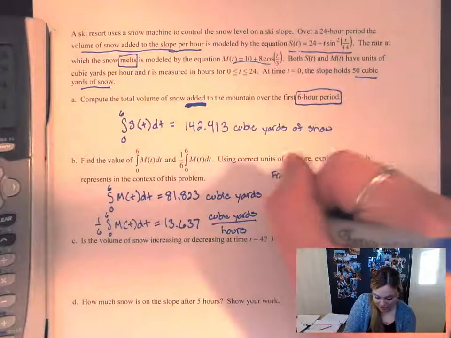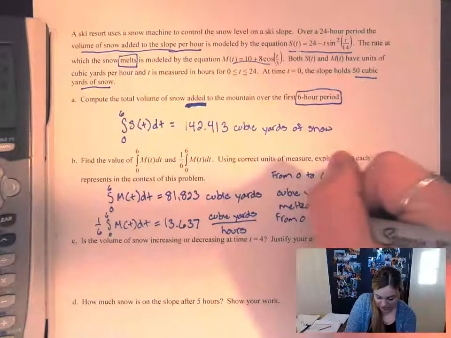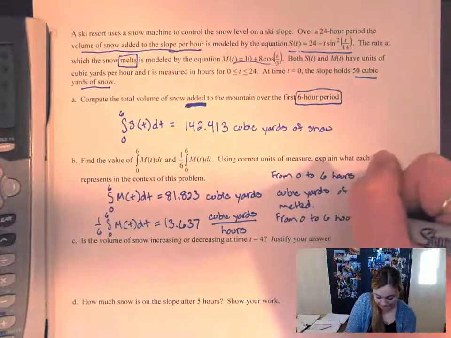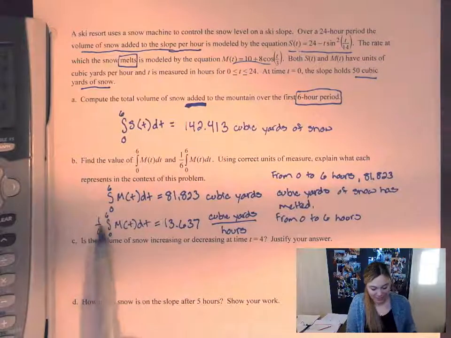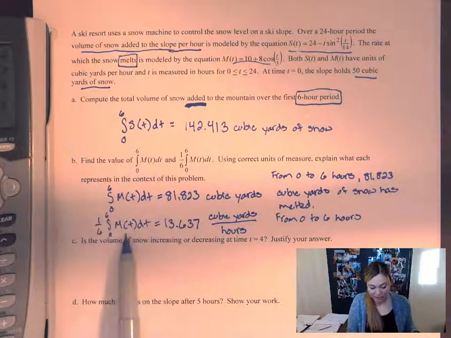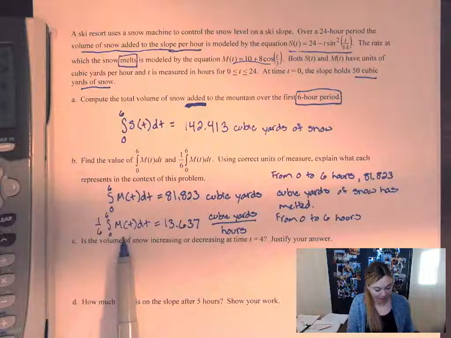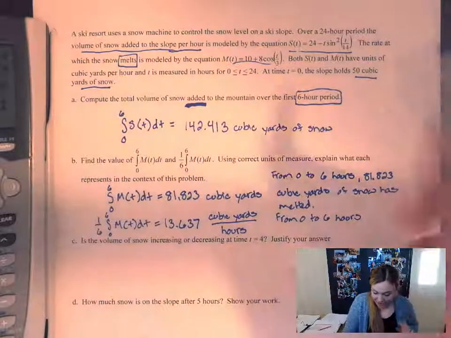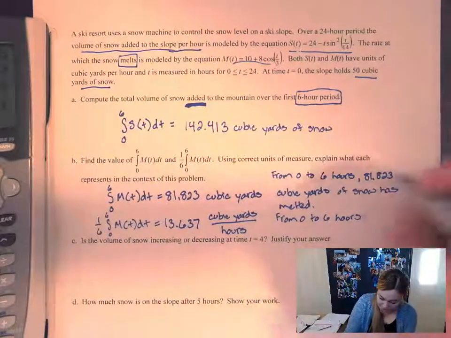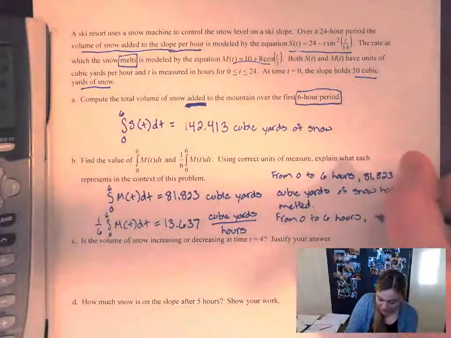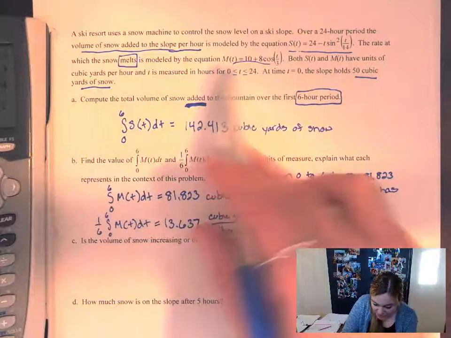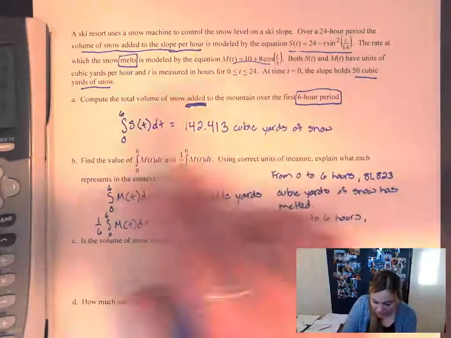The same thing down here though, from 0 to 6 hours. And then you remember that last page where we said that anytime this was just the average value of this function. So if I'm thinking from 0 to 6 hours, the average, what was this? This is the rate at which snow melts.